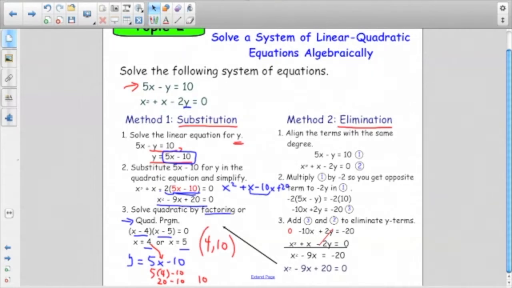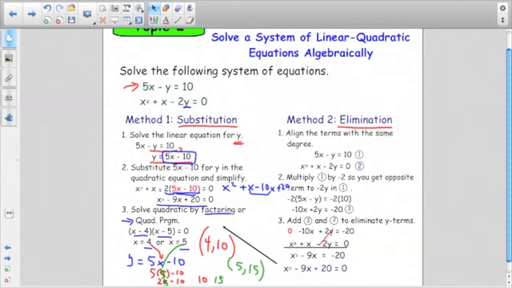Okay, now we do the same thing. We are going to substitute the 5 into there, so that becomes 5 now. So 5 times 5 is 25. 25 minus 10 is 15. So the other answer is 5, 15.